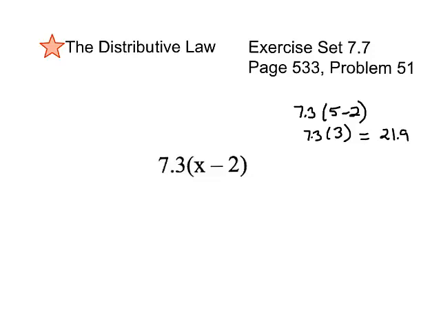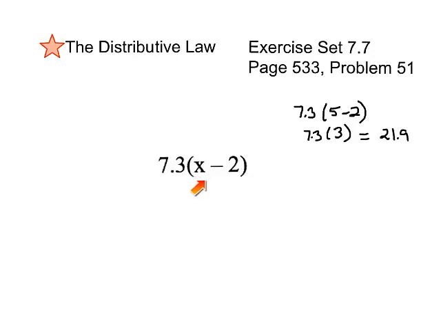So the difference in our expression on problem 51 is we don't know what x is. Here it was pretty straightforward to use the order of operations rules to simplify this expression because we know how to calculate 5 minus 2. Here we don't know what x is, so we can't follow the very first step in our order of operations.